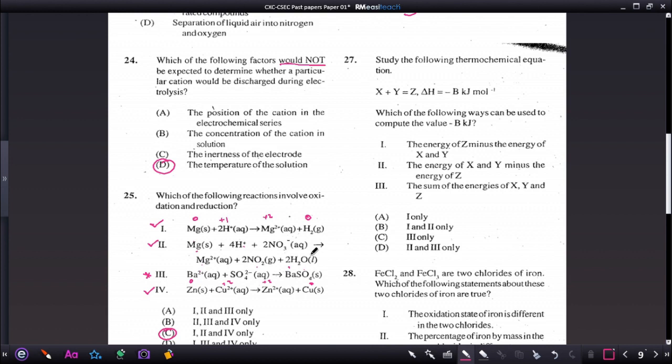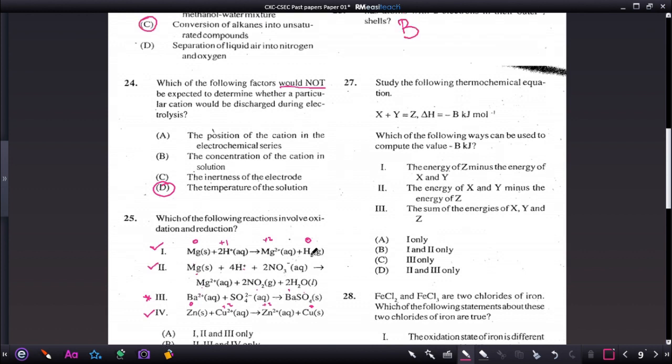27. Study the following thermochemical equation: X + Y → Z, delta H = -B kilojoules per mole. Which of the following ways can be used to compute the value of -B kilojoules?